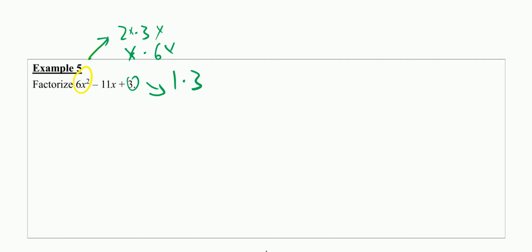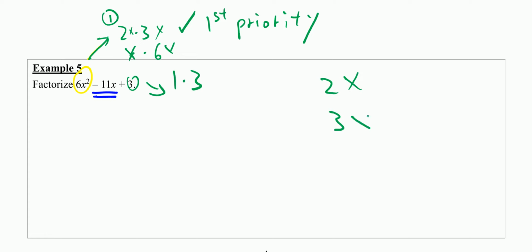As you can see, there is negative 11. We can try some combination in the middle first. So first priority, I will choose this. And let me try to write down 2x, 3x in here, and we want to plug in 3 in here.